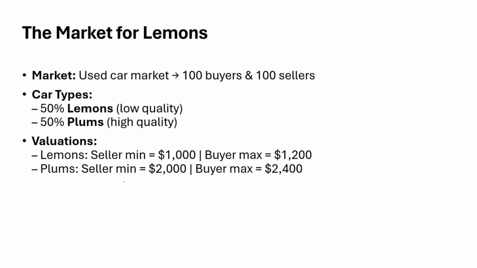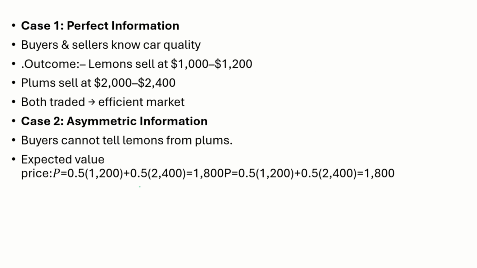Based on this information, buyers are willing to pay a maximum of a medium price, which you can see is 1,800. For a lemon, the seller would be happy to sell at 1,000 because that is their minimum price. The seller of a plum would be willing to sell at 2,000, because that is the minimum price they want.